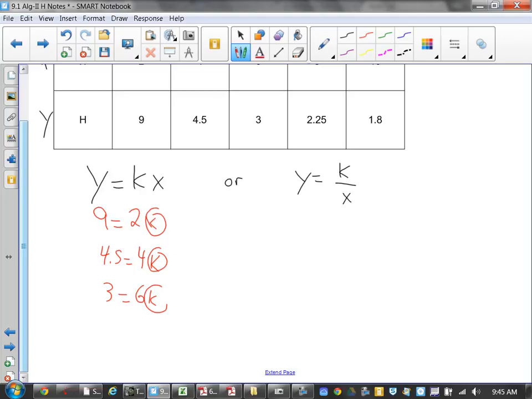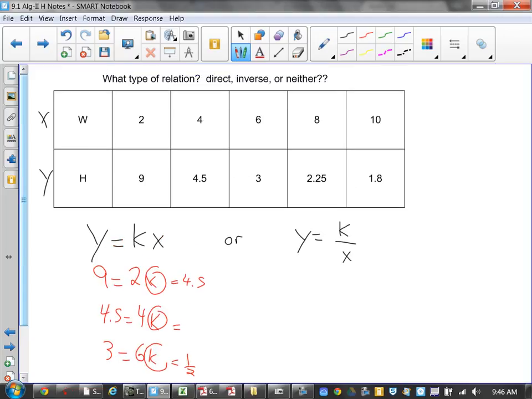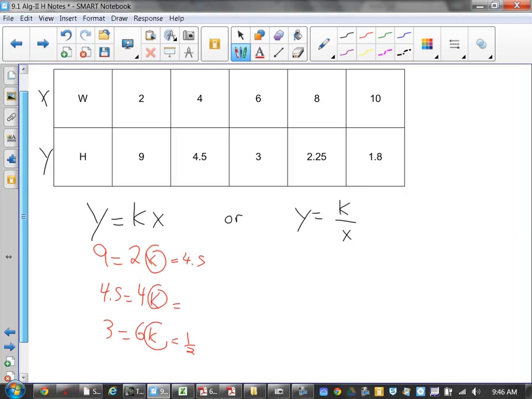You just check in your calculator. Here you would get 4.5. Here you don't get 4.5. Here you get 1/2. I can tell right away, just by skipping around, that I'm not going to get that same value.